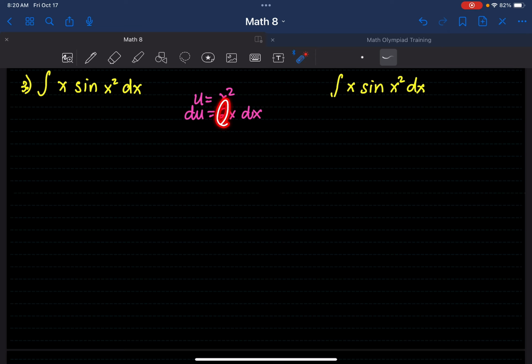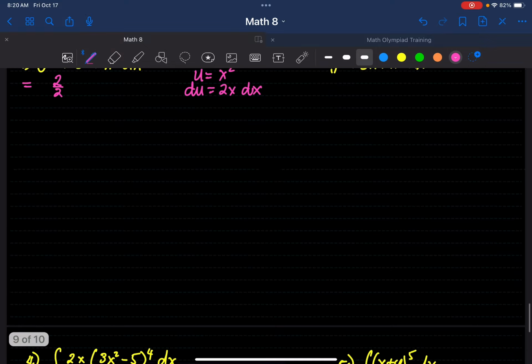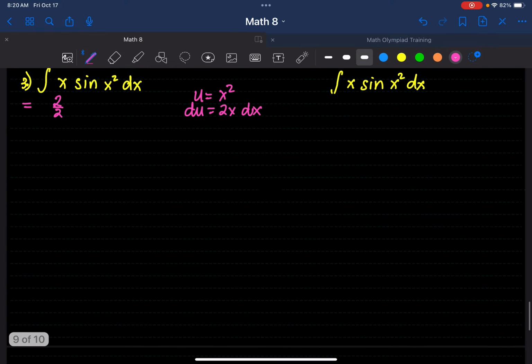We need 2, and that 2 will be from 1 over 1. That coefficient 1 here can be converted into 2 over 2. Next, separate factor.